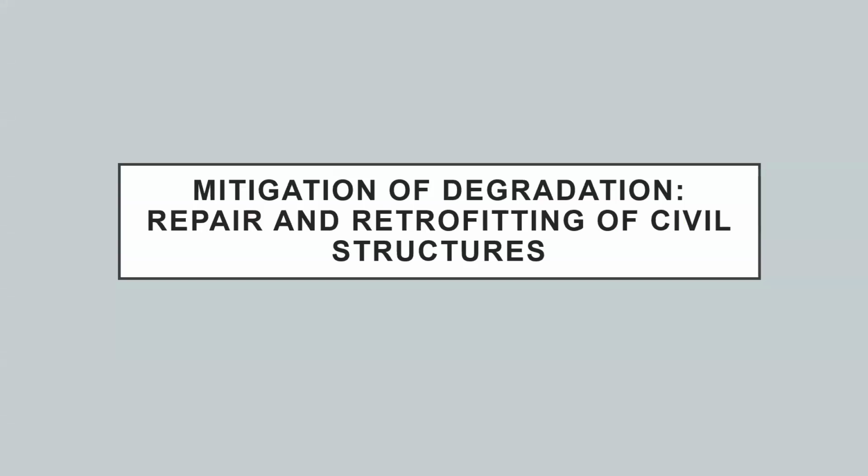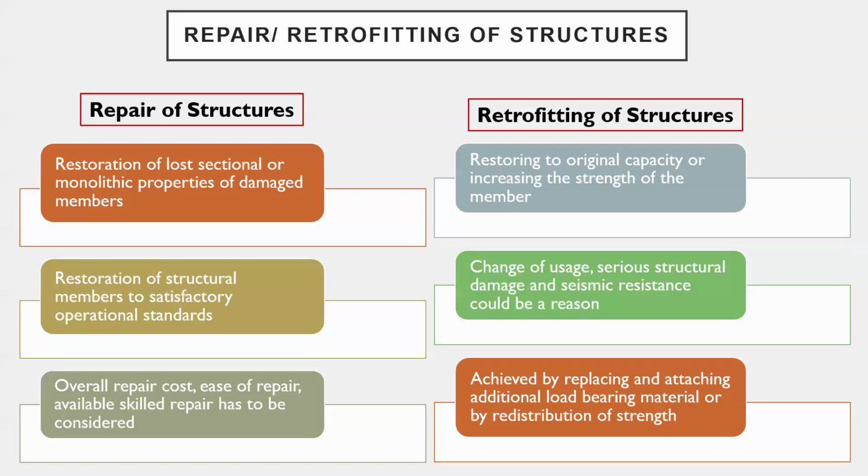Now, the third step in the effective aging management program would be the mitigation of degradation. That means repair and retrofitting of the civil structures. There is a very slight difference between repair and retrofitting of structures.